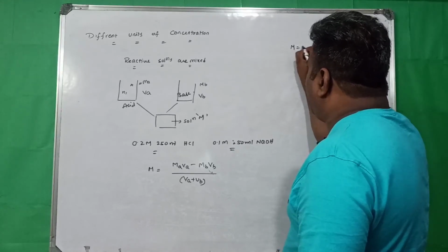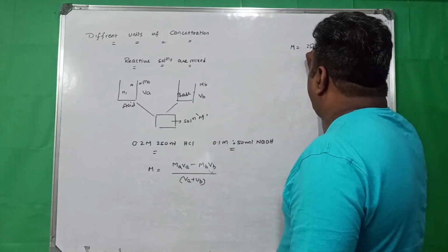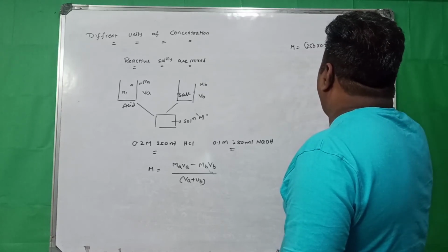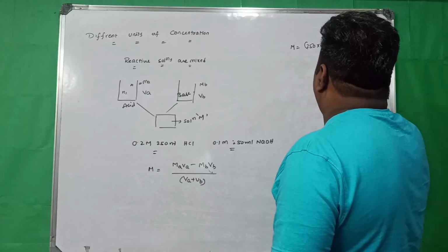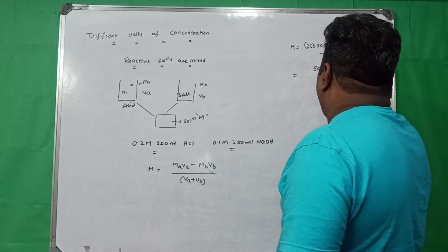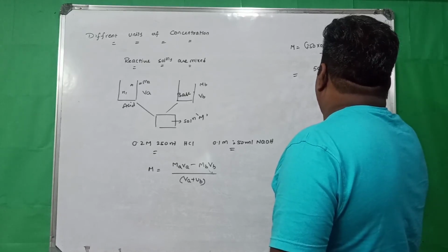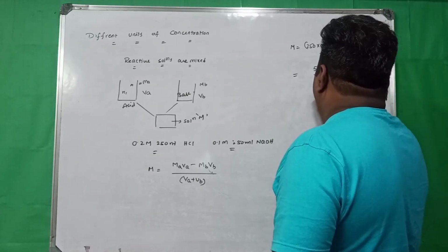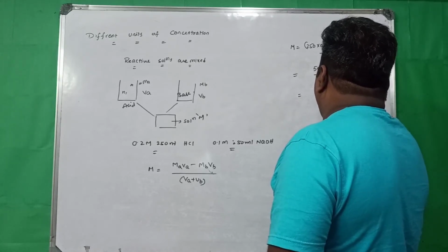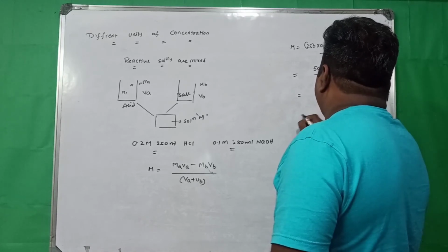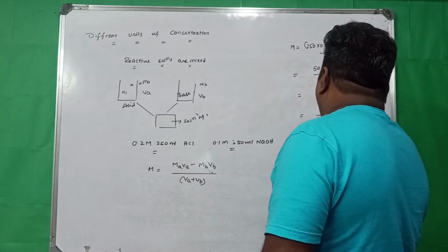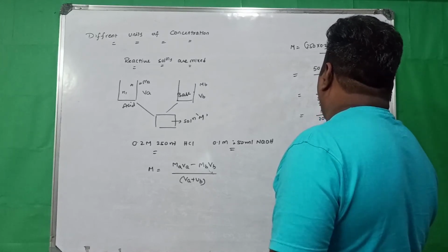Resultant molarity is 250 into 0.2 minus 0.1 into 250, upon 500. Then it is 50 minus 25 upon 500. That is 25 by 50 into 10, 2 times, then it is 1 upon 20, 0.05 molar.